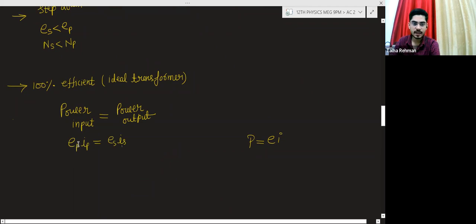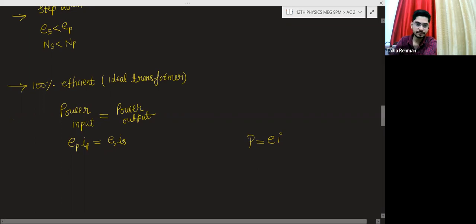What is EP? Primary voltage. IP is the current in the primary coil. ES, voltage in the secondary coil. IS, current in the secondary coil.